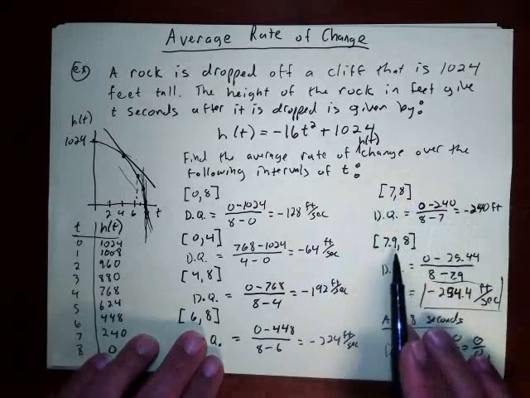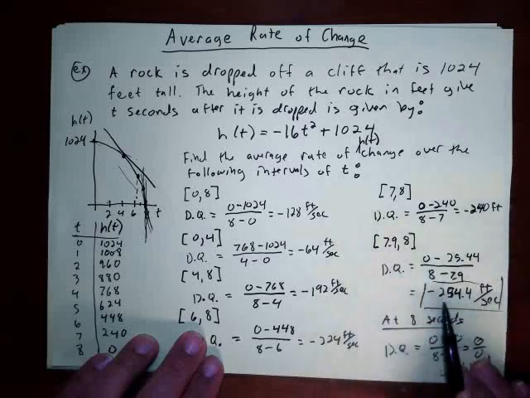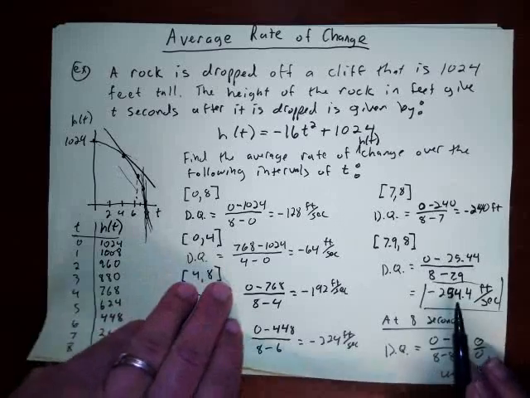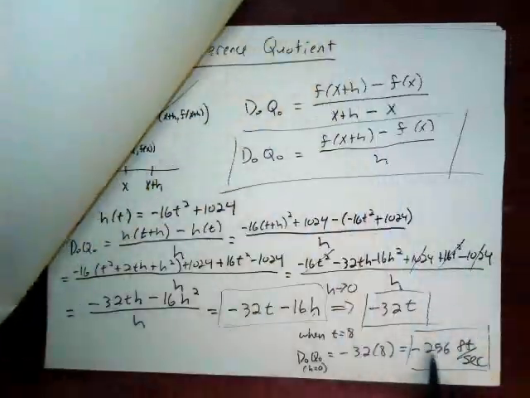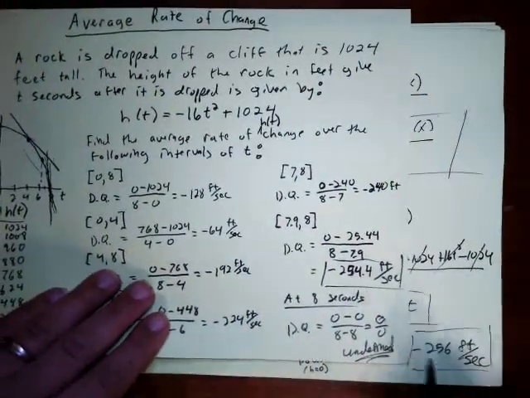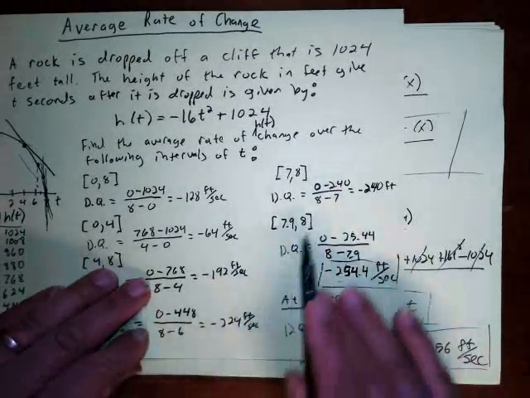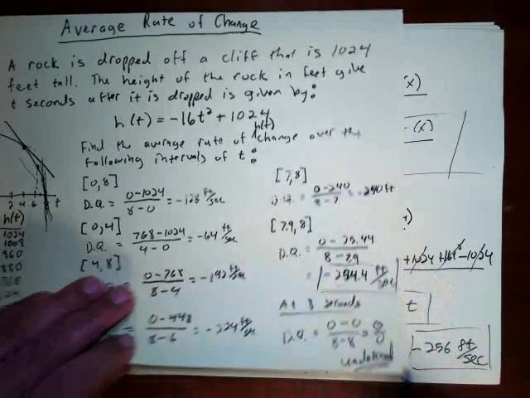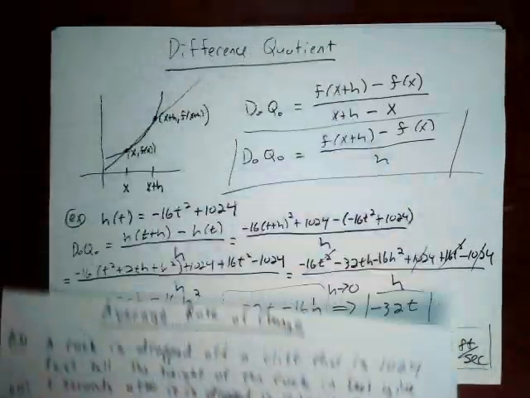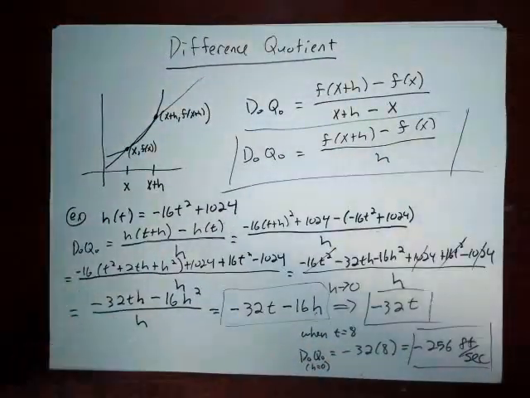And then 7.9 to 8, so in that last tenth of a second, it was negative 254.4 feet. Well, at 8, it's negative 256 feet, right? So this makes sense. These average rates of change are approaching this instantaneous rate of change.